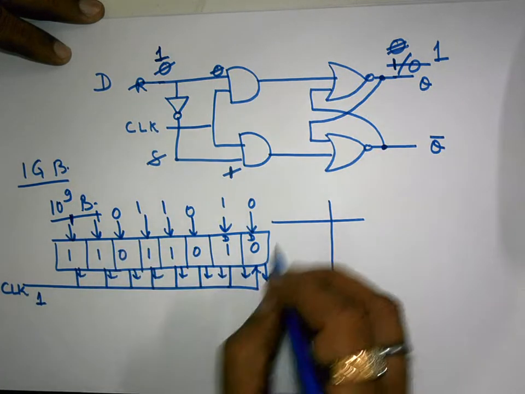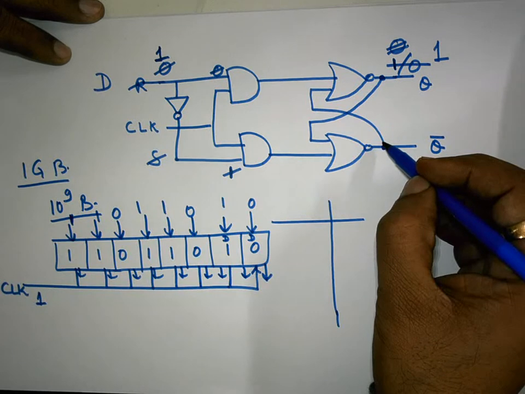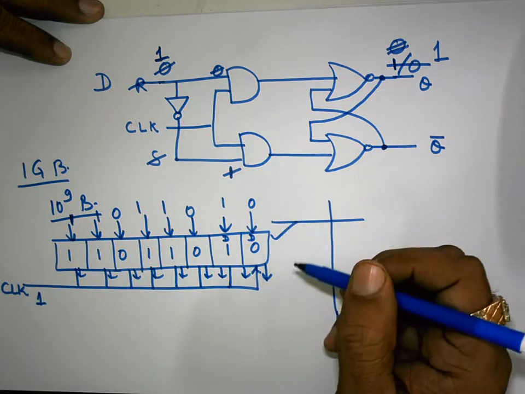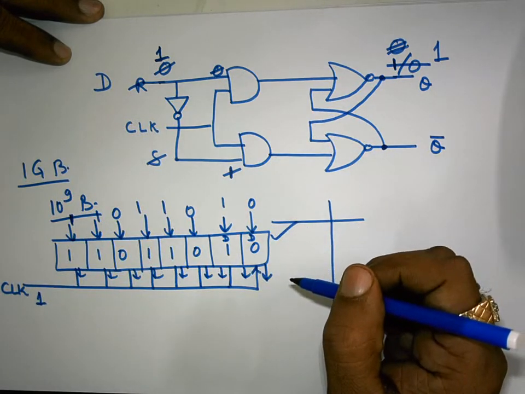So this is a way to make a single bit memory, and if you have made this single bit memory, there is no problem in making 8 bit memory or 1 byte of memory. This is simply an extension of this, simply a copy of this.